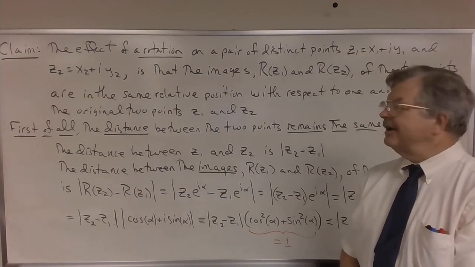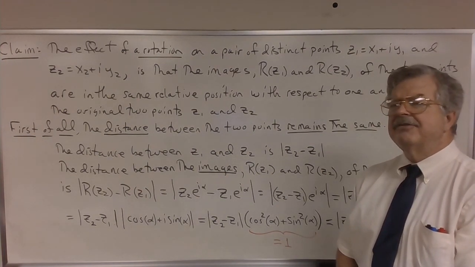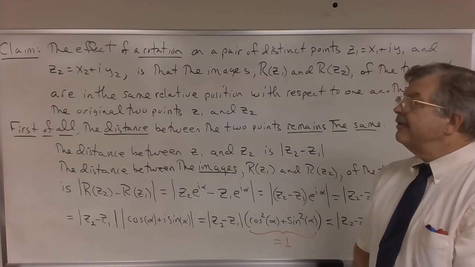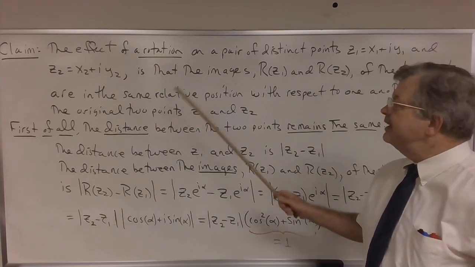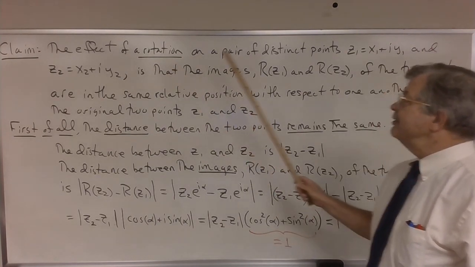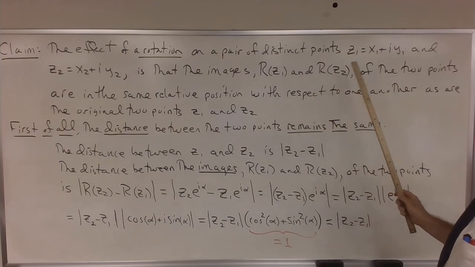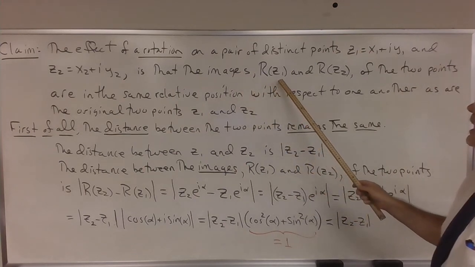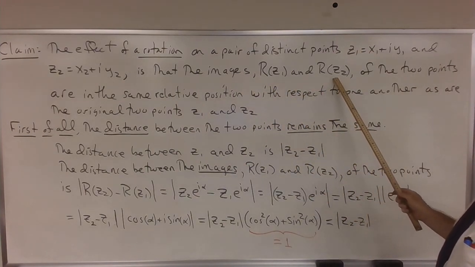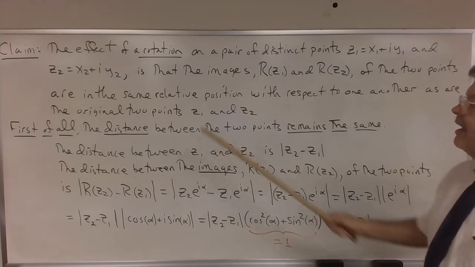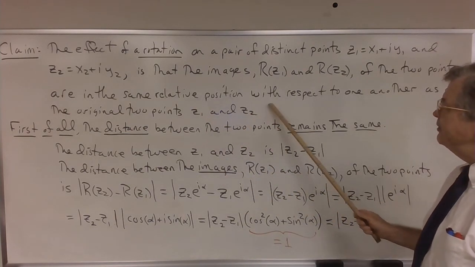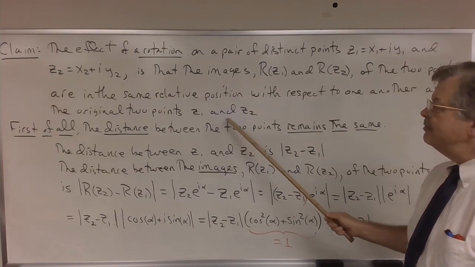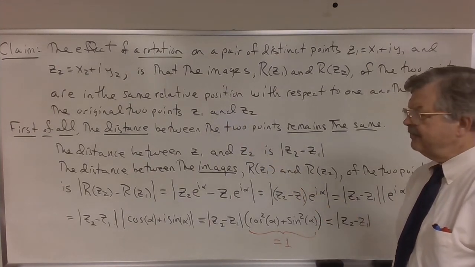Now, we were going to talk about what a rotation does to the size and shape of a region. And the first thing that we do is we figure out that the effect of a rotation on a pair of distinct points, z1 and z2, is that the images r of z1 and r of z2 of the 2 points are in the same relative position with respect to one another as are the original 2 points z1 and z2.